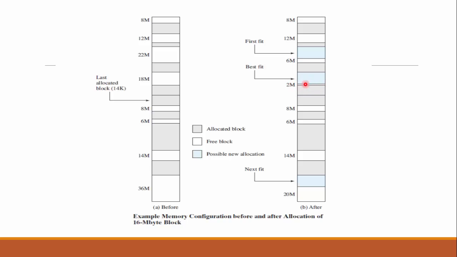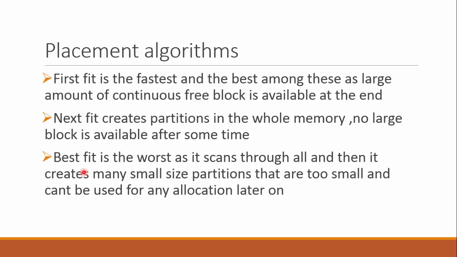If we implemented the best fit every time, there will be lots of these small blocks, and they won't be of any use later on. So yeah, best fit is the worst.